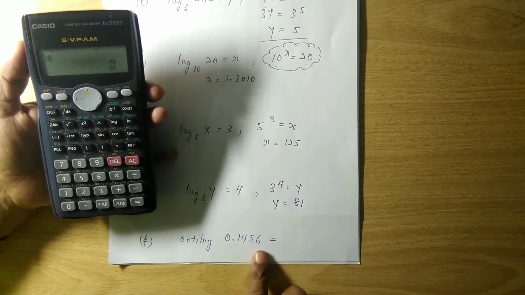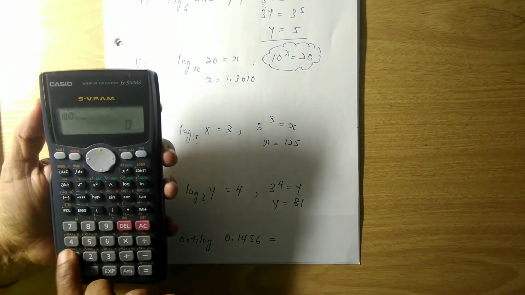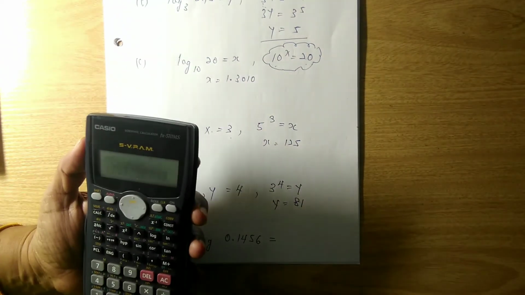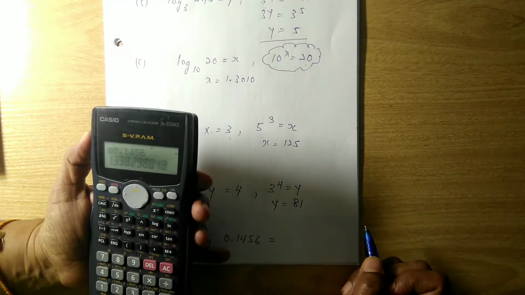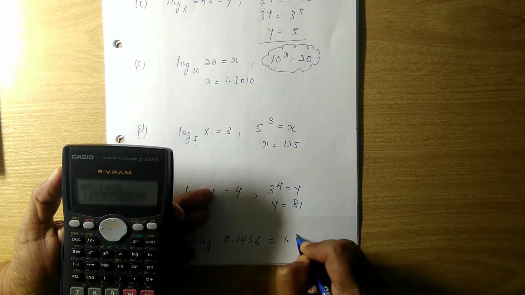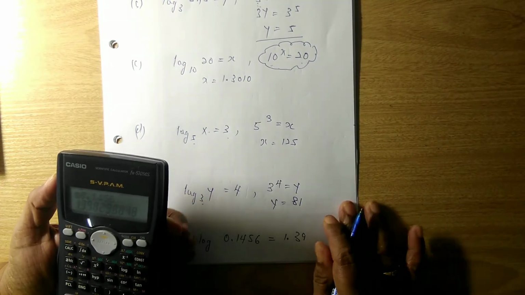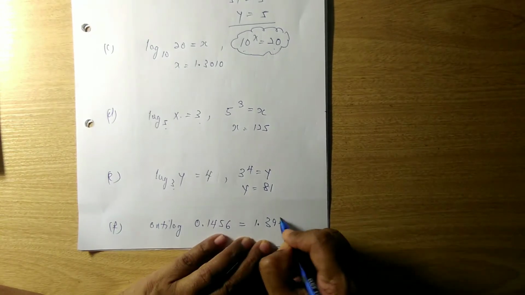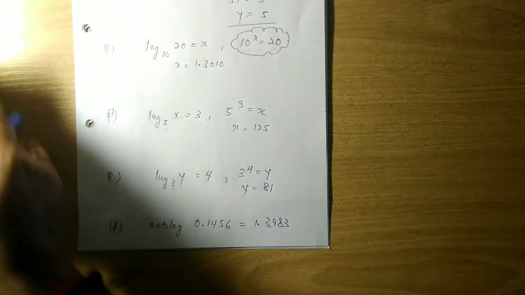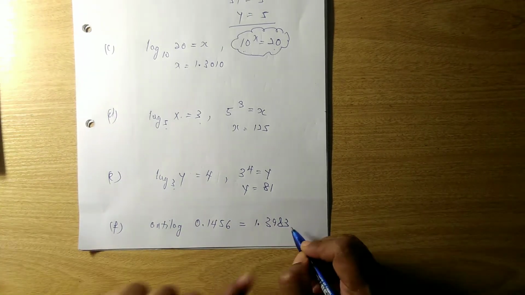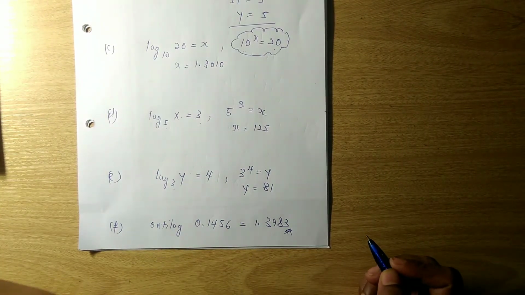Then you just type in the number 0.1456. What you get, taking 4 decimal places, is 1.3983. This is the concept of anti-log.